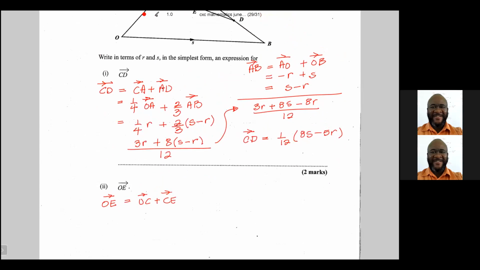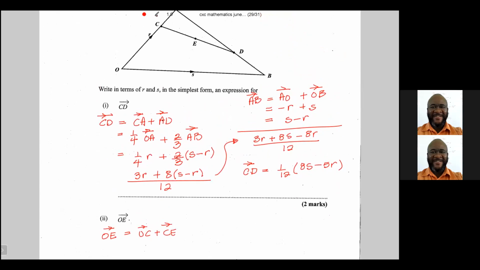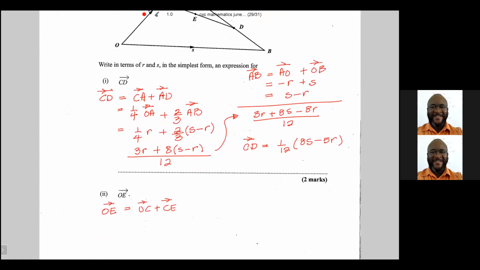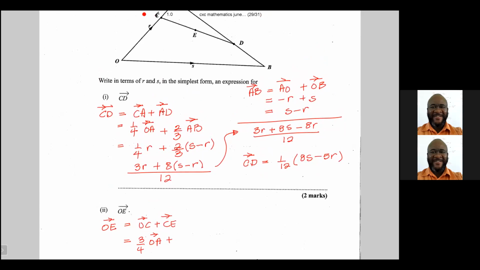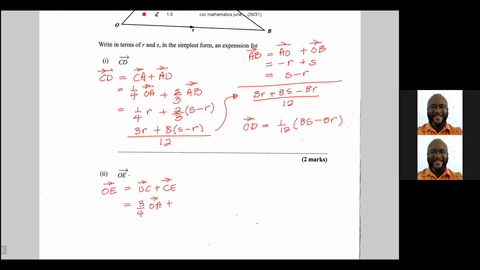All right, so let's go for OC. OC is 3/4 of OA, plus CE, which is a half of CD.